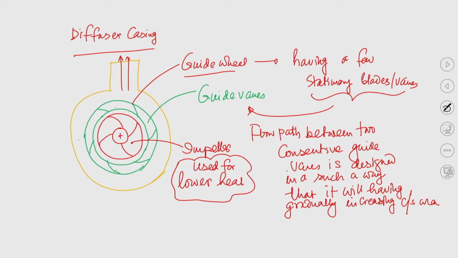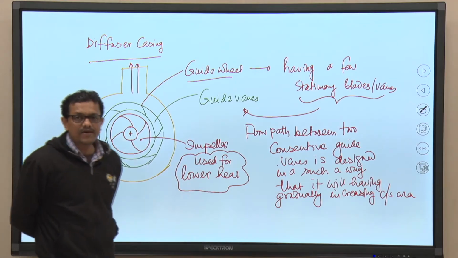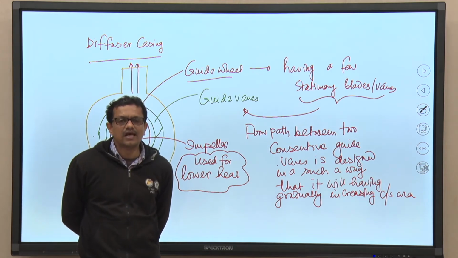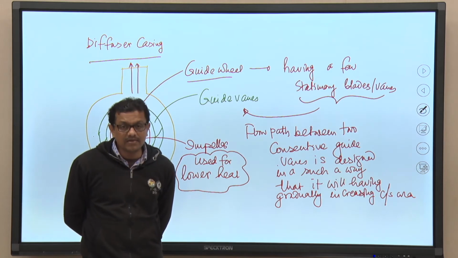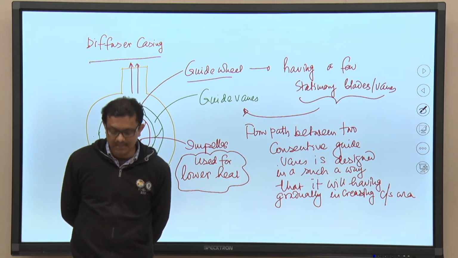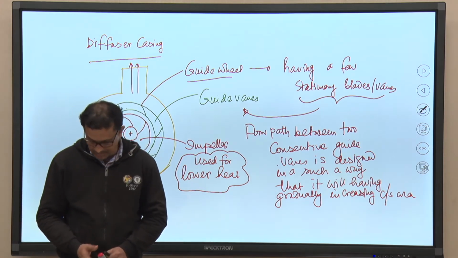Okay. So, now we have discussed different types of pump casing, right: volute casing, vortex casing and diffuser casing. We have identified the problem that was there with the volute casing, and that problem can be minimized using vortex casing, and then another type of casing is there, that is known as diffuser casing.